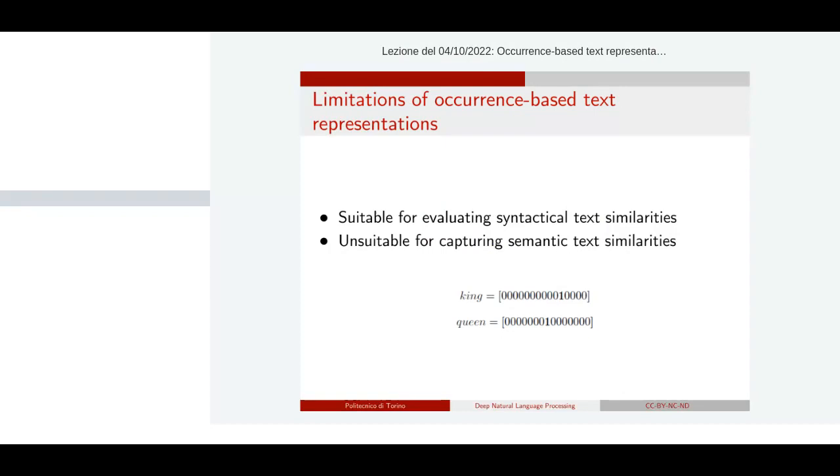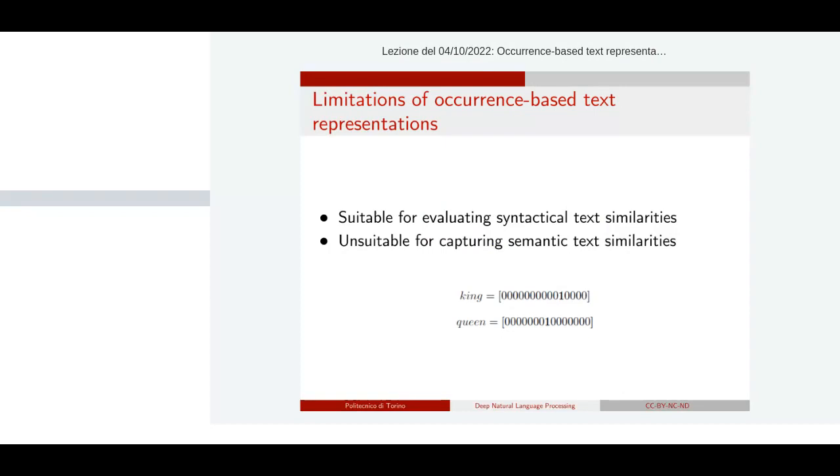In many challenging tasks, for example machine translation, summarization, AI chatbots, so conversational agents, this is definitely not enough. Because what we have to capture is also the semantics behind the text.